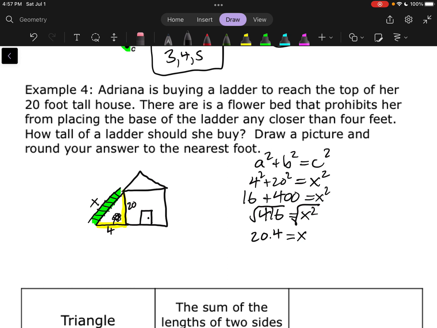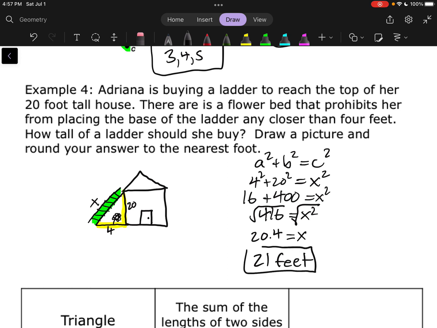Now, 20.4 is closer to 20 than it is to 21, but if we buy a 20-foot ladder, that's not going to be long enough, right? Because we need it to be over 20. So we're going to round up to 21 feet here.